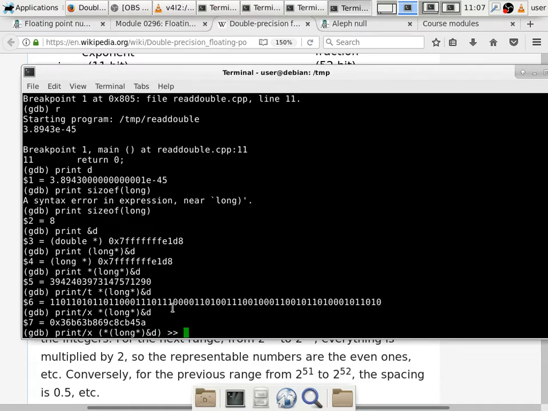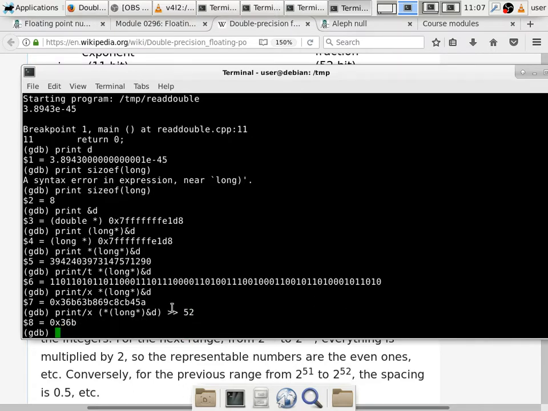How many times do I have to shift so that the exponent, or the E, becomes bit 0? 52. Yep, because E starts at bit 52, and we want bit 52 to go all the way down to bit 0. So we have to shift exactly 52 times.